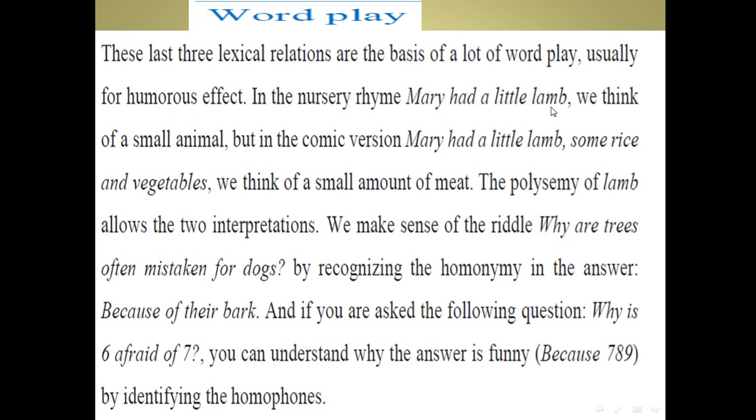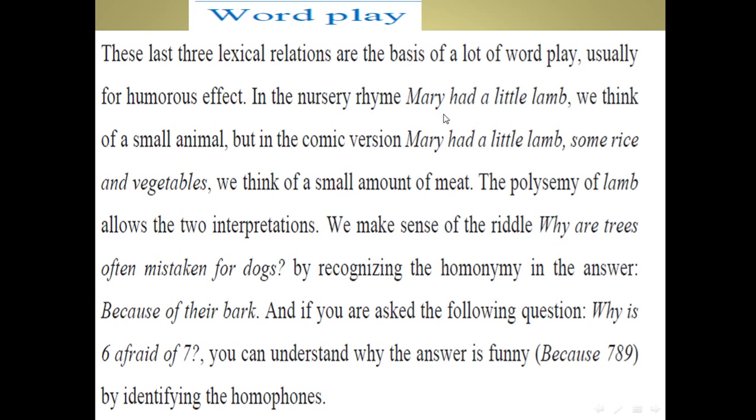We think of a small animal, of course, when we say Mary had a little lamb, small sheep, small animal. But in the comic version, Mary had a little lamb, some rice and vegetables. We think of a small amount of meat.